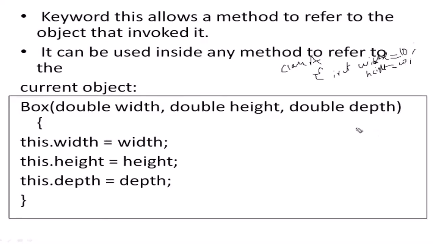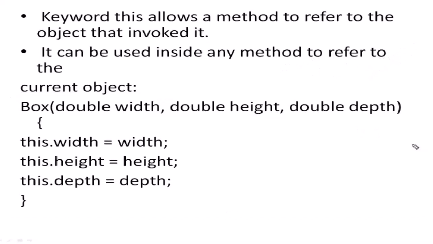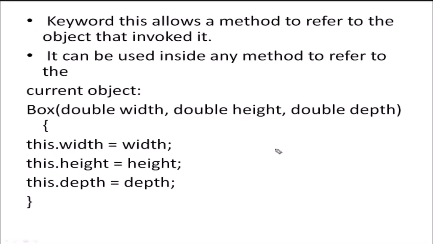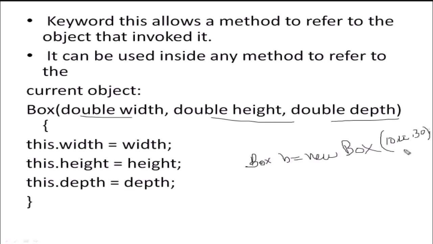Whenever you are going to pass a parameter to a particular box constructor, here you are using a double width, a double height and double depth. If the previous values are declared, whatever parameters are passed, for example, box p equal to new box 10, 20, 30, what does it mean? It means you are passing some arguments directly to the constructor.